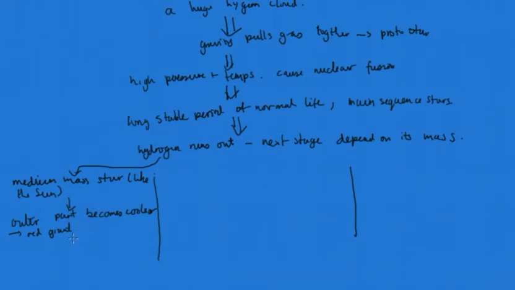But it's not going to happen anytime soon. So the outer part becomes cooler, it becomes a red giant, but the core shrinks down and it forms a white dwarf.